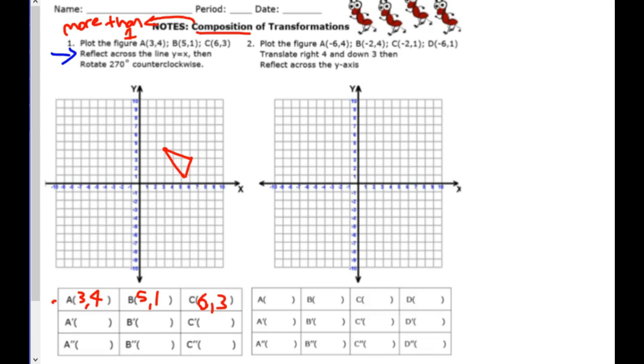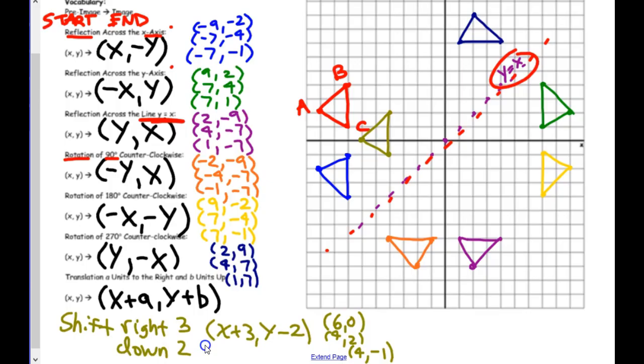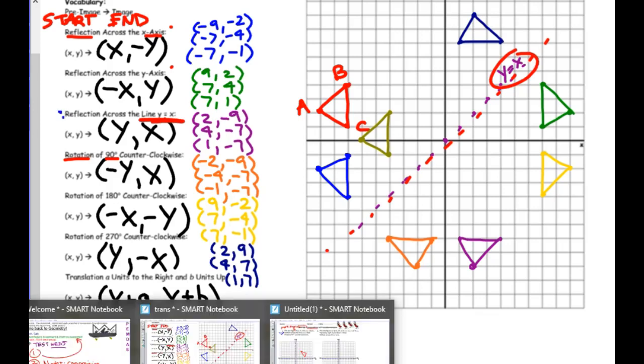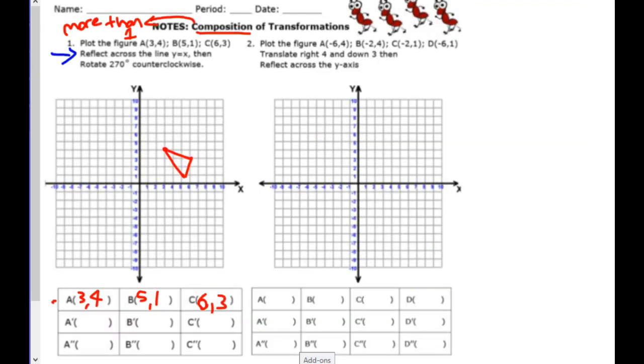So let's take a look at our notes for a second from 2 or 3 days ago. Right here, I see reflection across the line y equals x is going to be the rule (y, x). So I'm going to write that rule on my notes. (y, x). So if I start with (x, y) and it turns to (y, x), what happened?